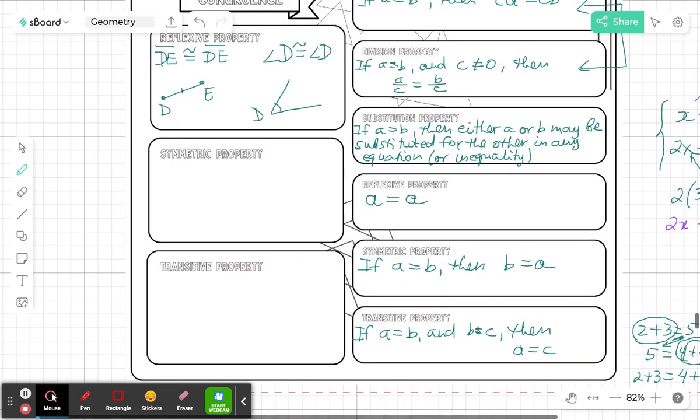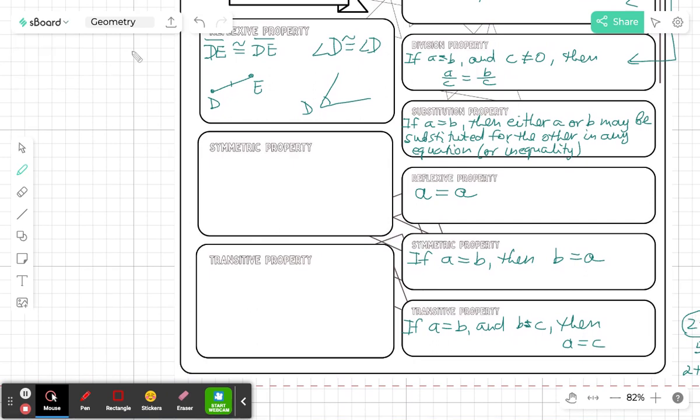We will use it later on when we have overlapping triangles or triangles that share the same side. So if you see something like this, you have a triangle and the triangles share this side, then maybe we will try to prove that one triangle, over here, is going to be congruent to the triangle over there at the bottom.